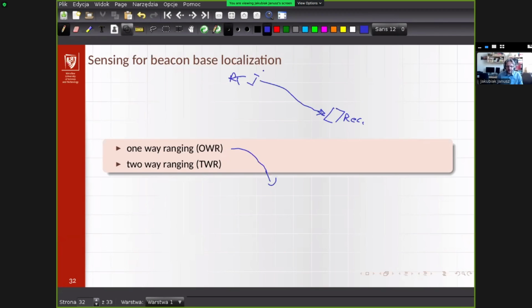So you have the data that is sent, or the beam that is sent from one element, the transmitter, and being received on the other side. But to be able to measure a distance, you need to know exactly the time when it was sent. So you need the time of transmission, and you need to know the exact time of receiving.